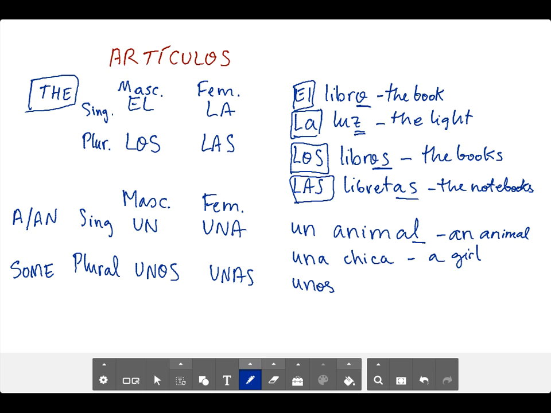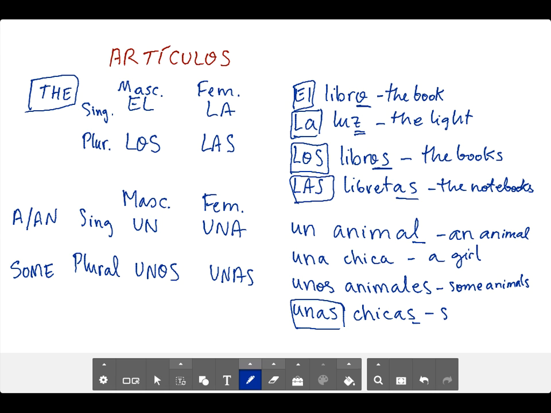Unos animales, some animals. Y unas chicas, plural, some girls.